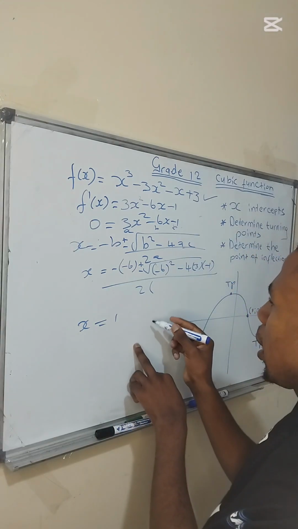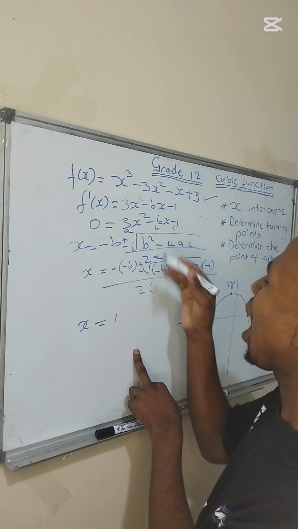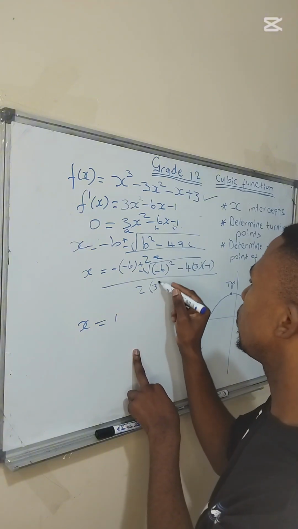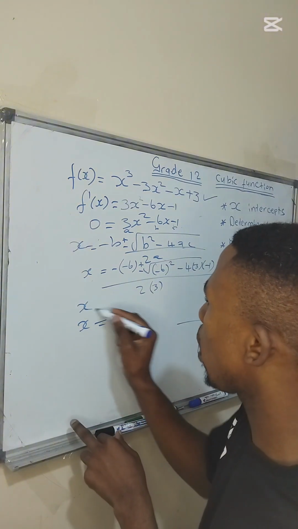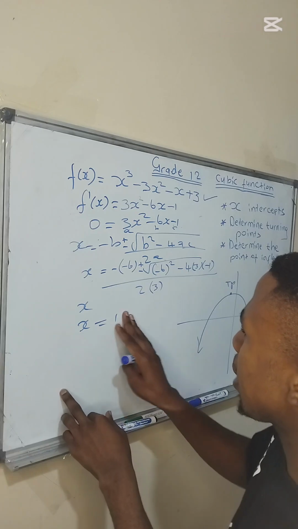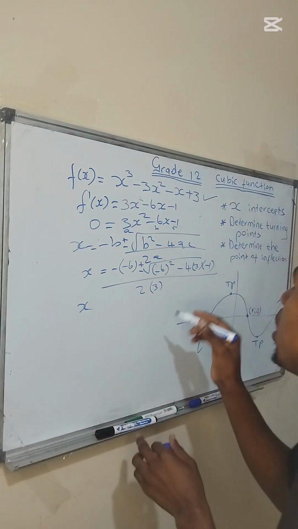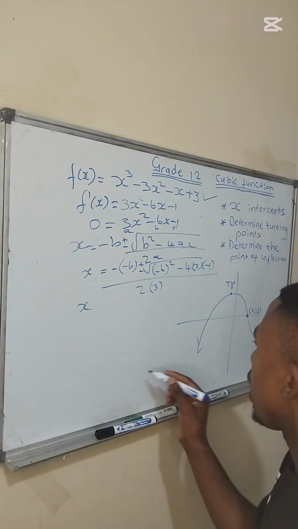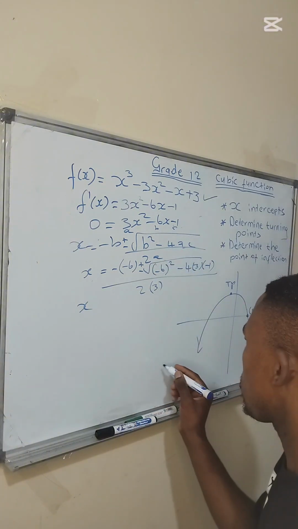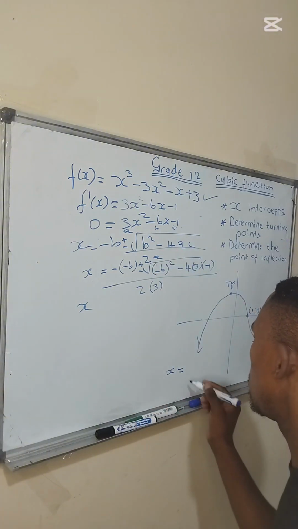Our a is equal to 3. Then our x is equal to that. Keep in mind that this x is the x-coordinate of the point of inflection, the one that we have calculated from our first prime. Then our x is equal to 1.